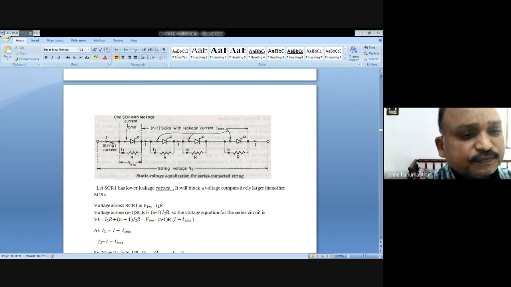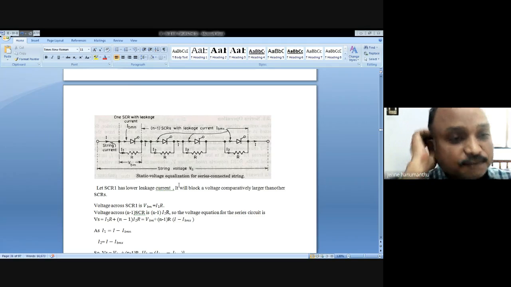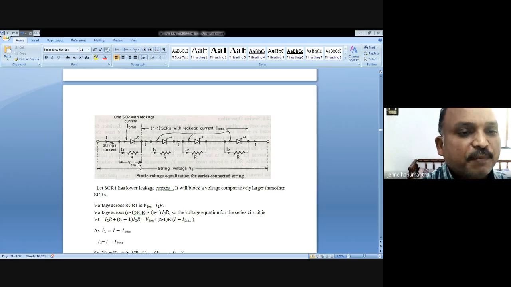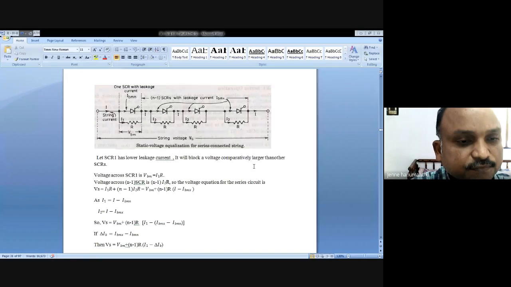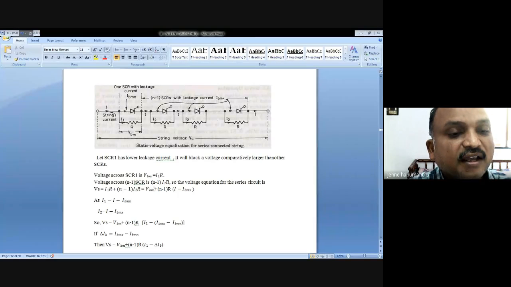And we need to calculate. How do you calculate VBM? VBM is nothing but the voltage drop across this thyristor, current into resistance, I1 into R. This is the drop across this. And whatever drop across the other n minus 1 SCRs can be written as n minus 1 into I2 into R, because I2 is the same.